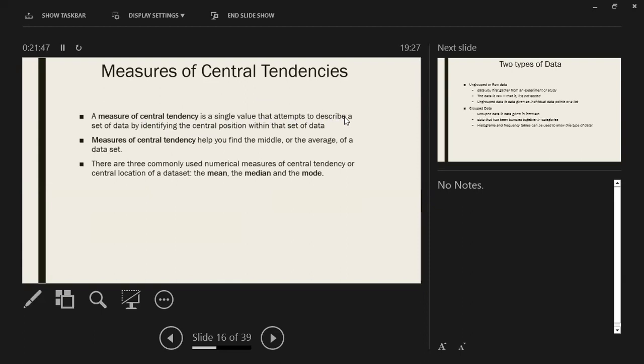Measures of central tendency help you find the middle or the average, or the mean of the data set. The three commonly used numerical measures of central tendency, or measures of central location, are the mean, the median, and the mode.